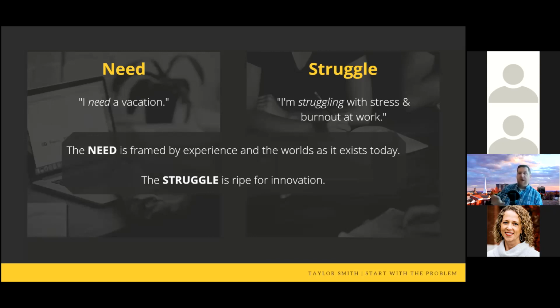Therefore, when you ask me what I need right now, I'm going to say I need a vacation, right? But solving the struggle is where the innovation actually comes. If we don't just meet the need the customer says they have, but actually solve the underlying problem, then we're going to upset the market, right?